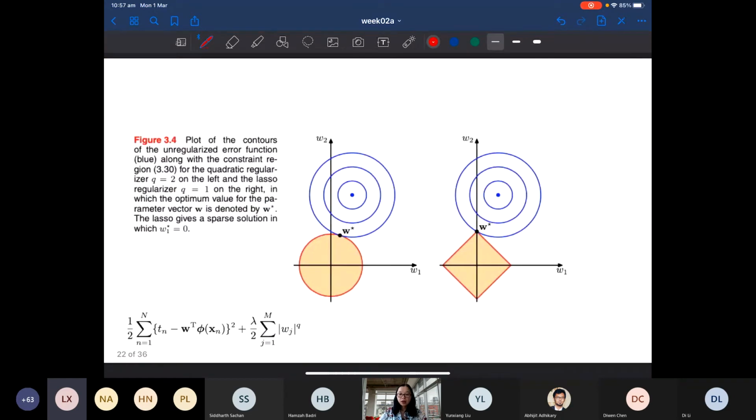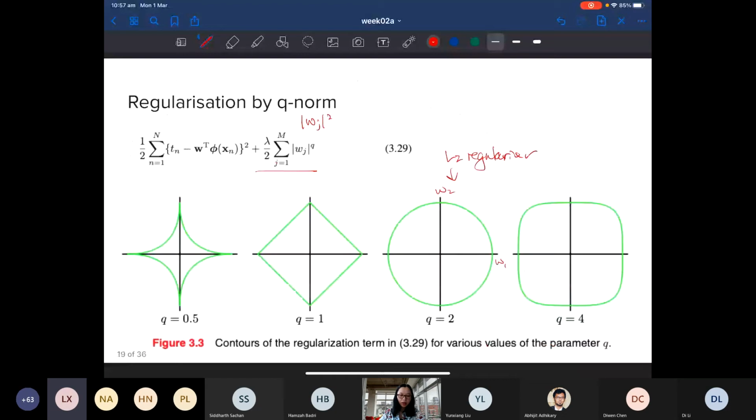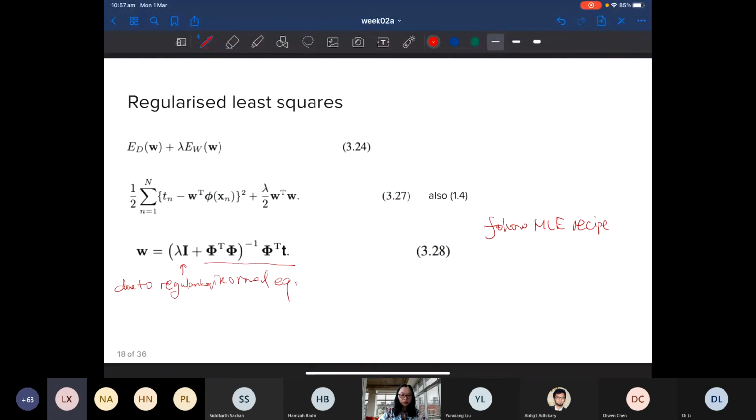Okay, so that's the geometric intuition about regularized least squares and what's happening. What also happens when we regularize is that this matrix, lambda I plus phi transpose phi, is now better conditioned.